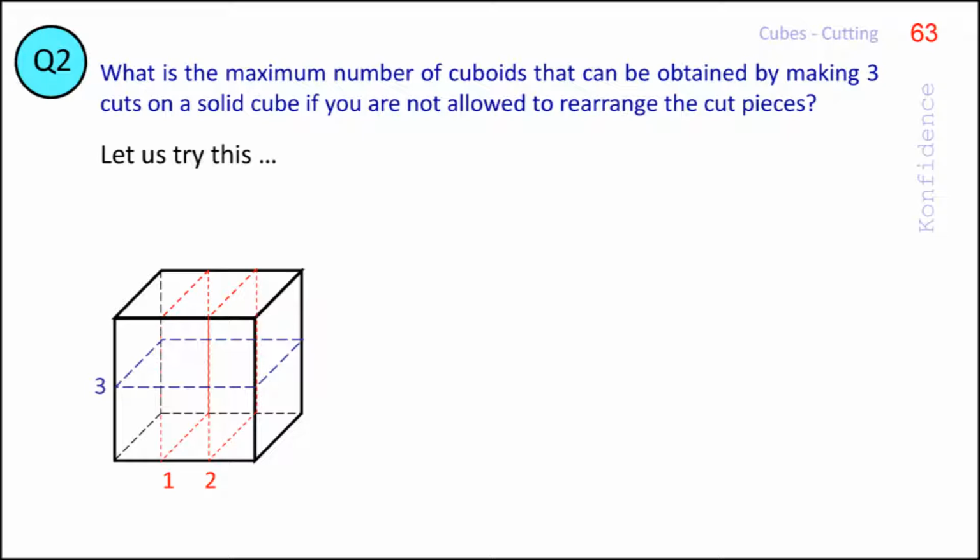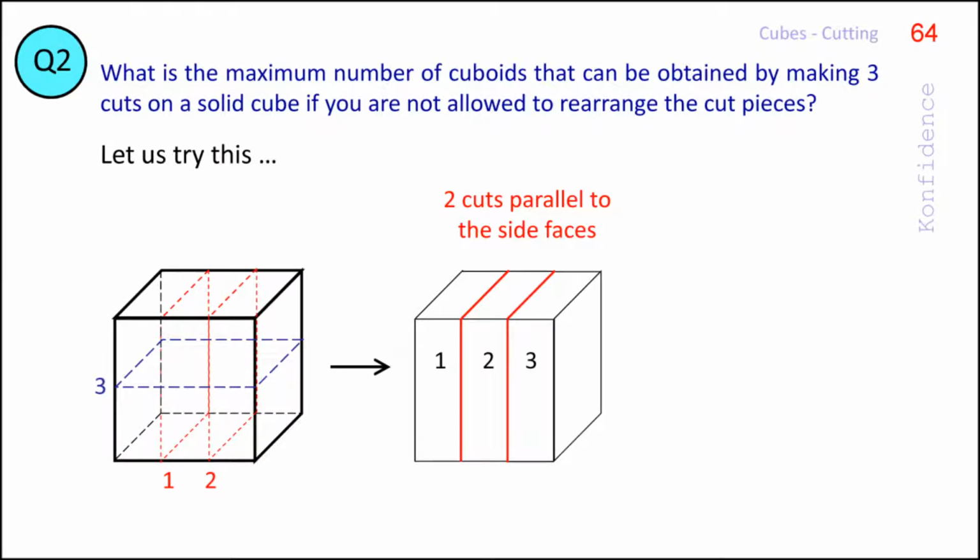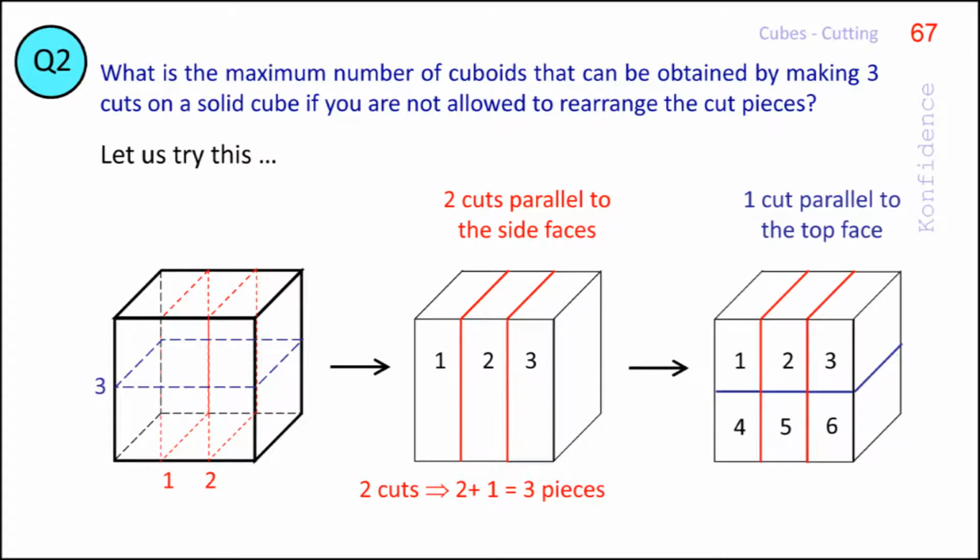Now let us make 2 cuts parallel to the side face and 1 cut parallel to the top face. We get a total of 6 cuboids as a result of this. If you observe the process carefully, the first 2 cuts that we made parallel to the side faces gave us 2 plus 1 or 3 cuboids. The third cut that we make is parallel to the top face.